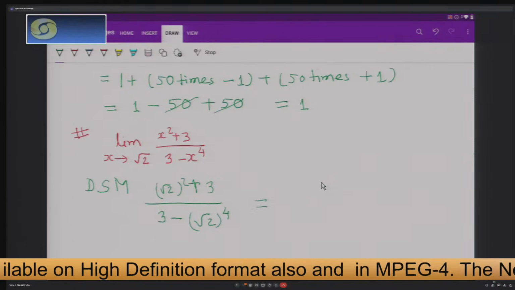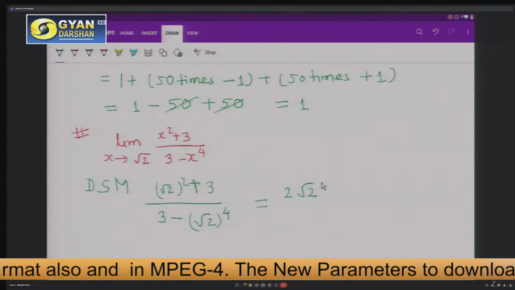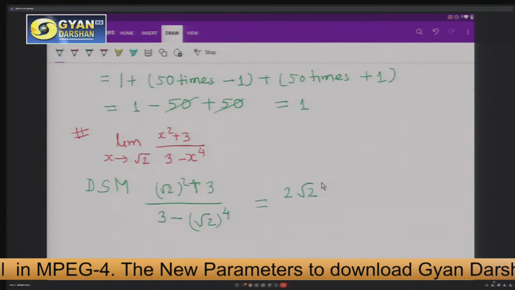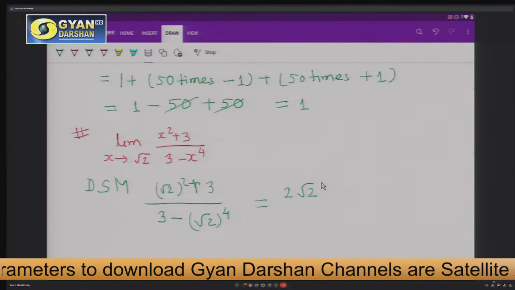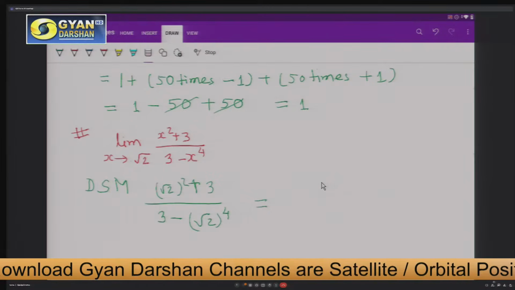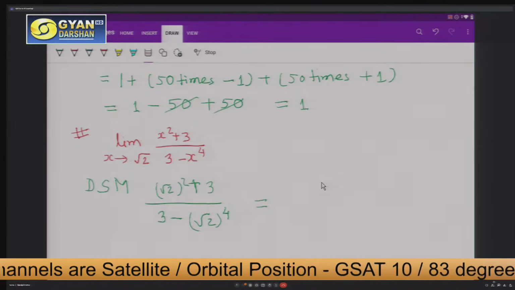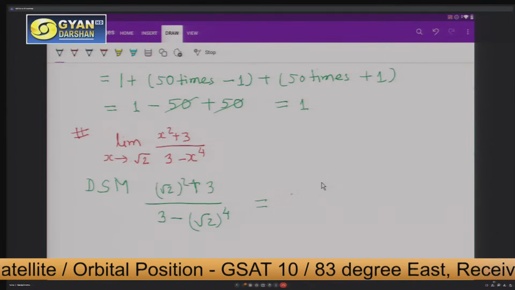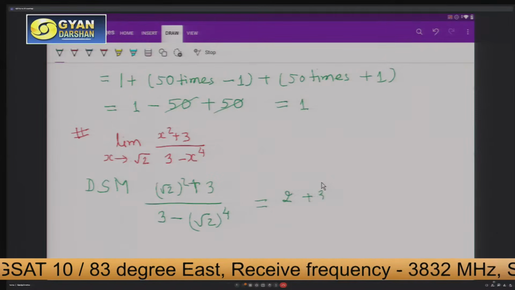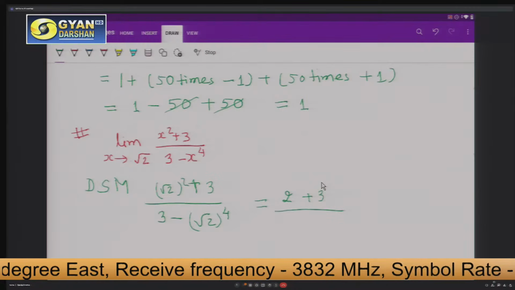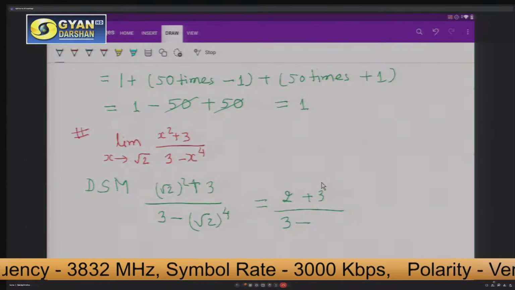Root 2 square will be equal to 2, plus 3, divided by 3 minus (root 2) to the power 4.